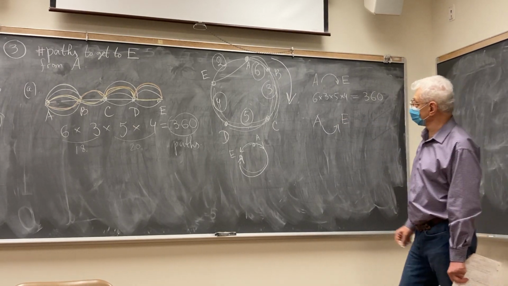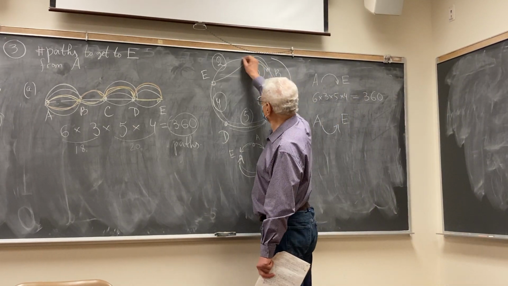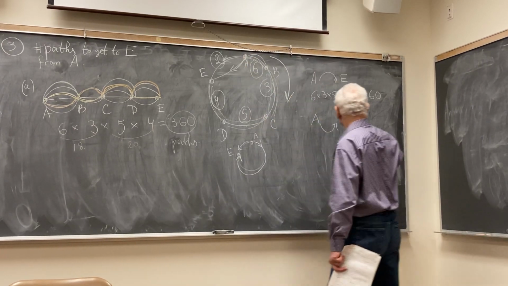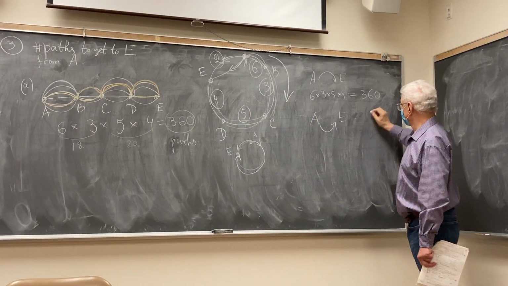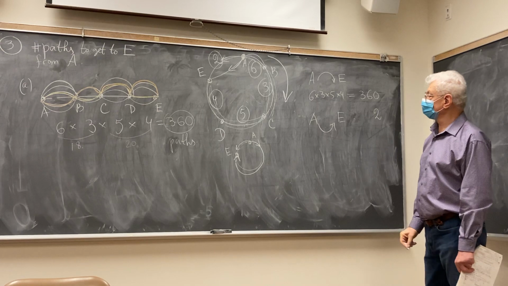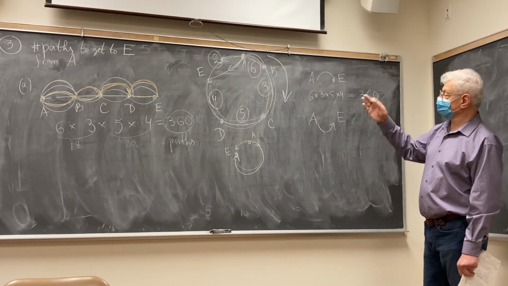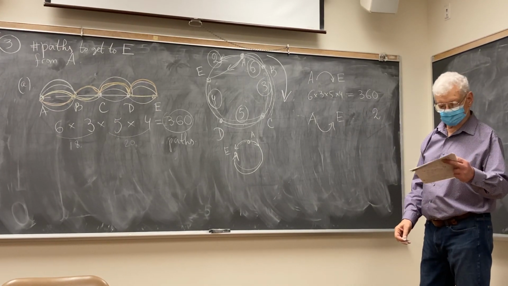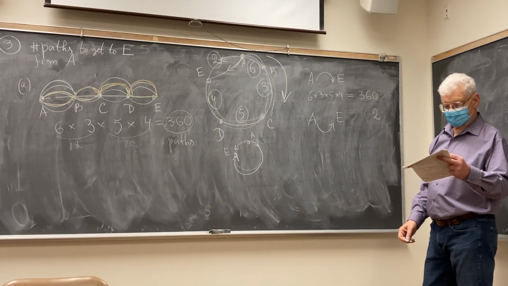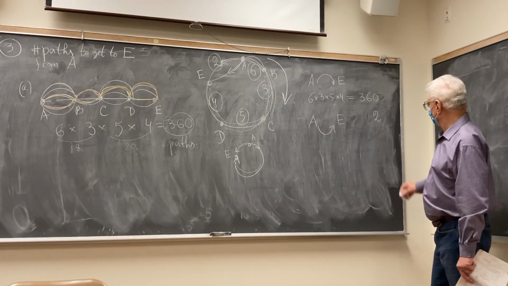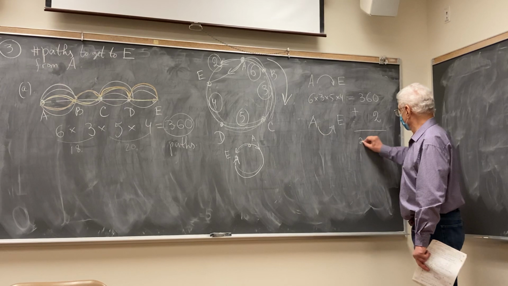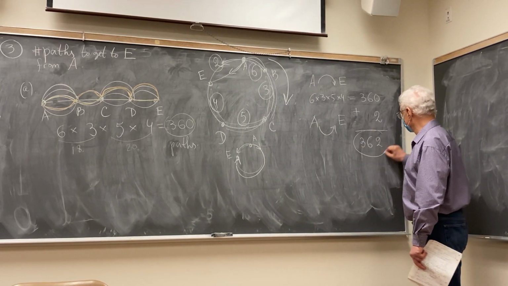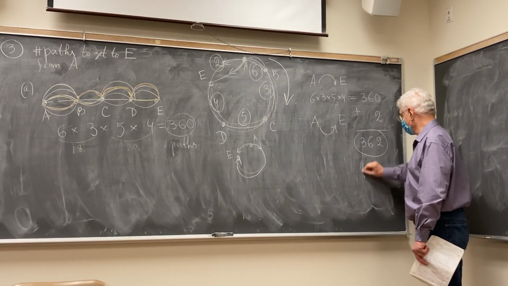So how many ways? 1 way, okay, 1 way and 2 ways. Okay, so we have only 2 ways. 2 times, okay, either this or that, 2. That's it, nothing else. So therefore total will be 362 ways, paths.